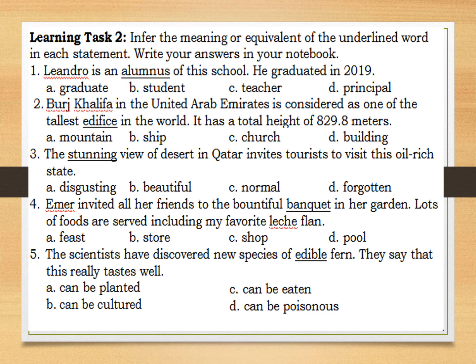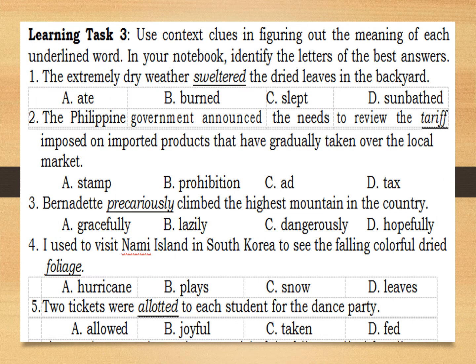Write your answers in your notebook. Move on to Learning Task 3. Use context clues in figuring out the meaning of each underlined word. In your notebook, identify the letters of the best answers.